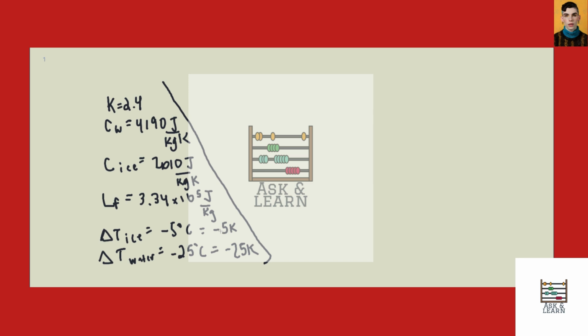But after that, we need how much the temperature of the ice is changing. So it's going below freezing, to minus 5 degrees C. That will come up, and maybe the context will be more clear when I start the problem. I also want to note that minus 5 degrees C is minus 5 K if you're talking about temperature differences, and the same for the minus 25 C and K.